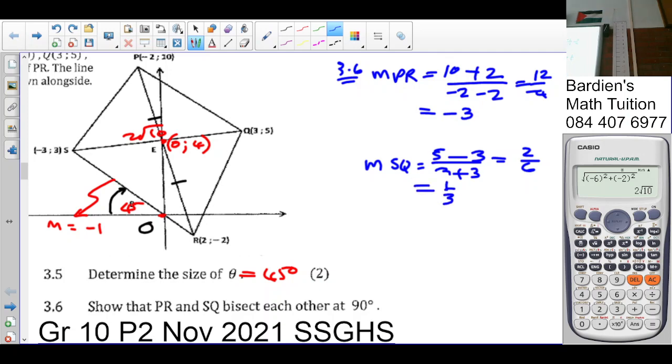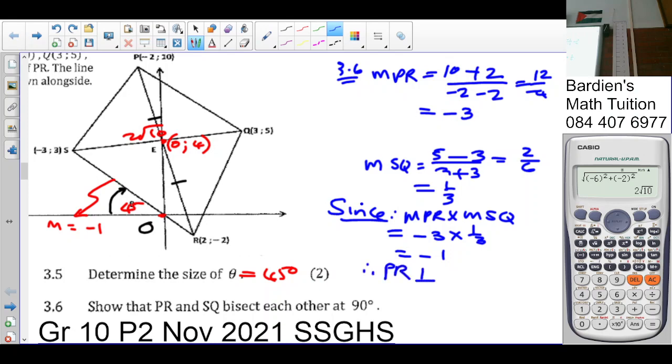So now we say since the gradient of PR times the gradient of SQ equals negative 3 times a third, which is negative 1, therefore PR is perpendicular to SQ, or we can say it's 90 degrees. The same thing.